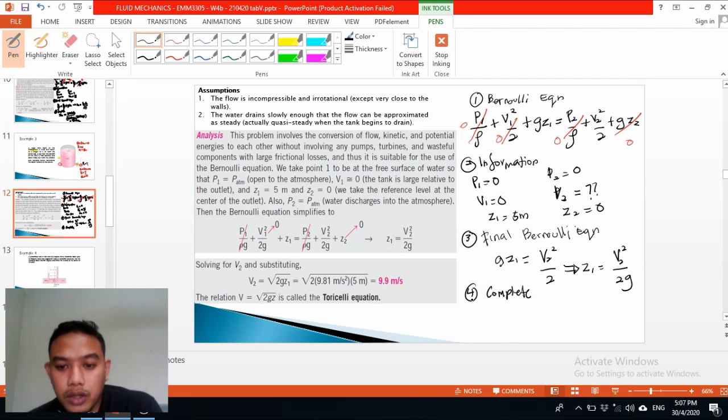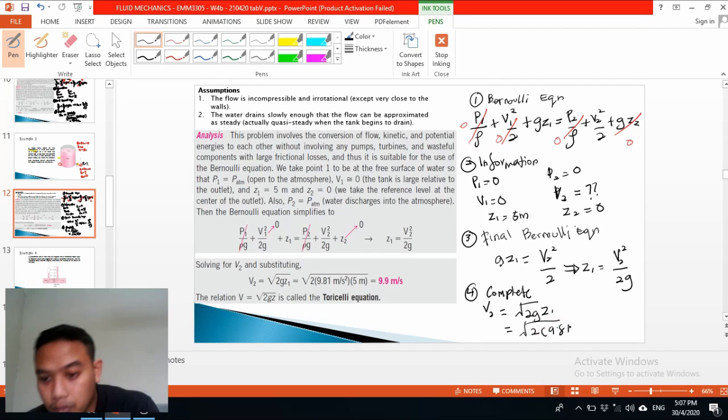We know that V2 is equal to the square root of 2G Z1. So it's equal to the square root of 2 times 9.81 meter per second squared times Z1, which is 5 meter.